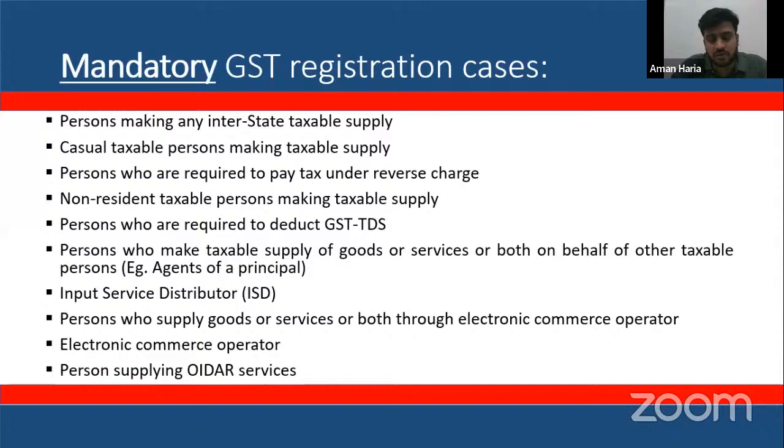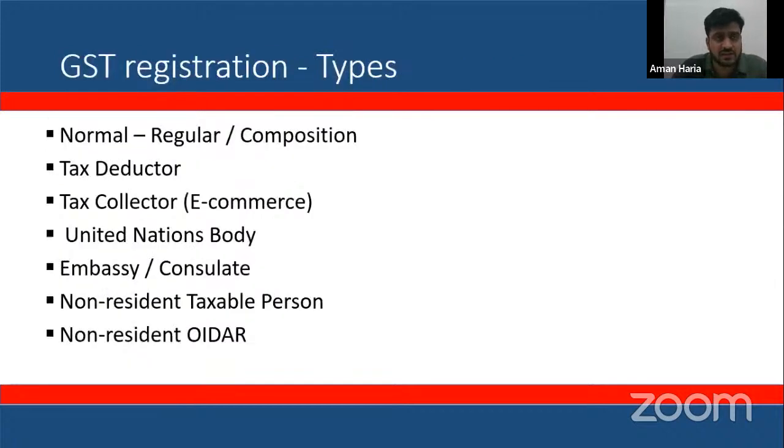Now with that done, we have covered in which cases you are mandatorily expected to take GST registration. What I'm going to do next is highlight the broad categories of GST registration types, and then I will highlight the registration process itself. So the registration types could be normal, which includes two types, regular or composition.